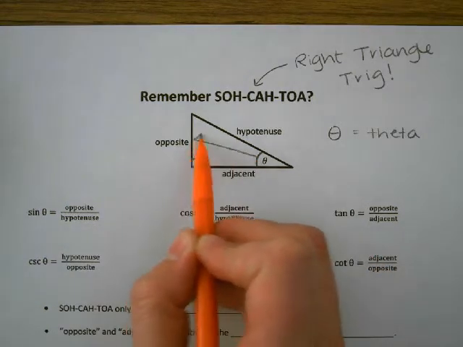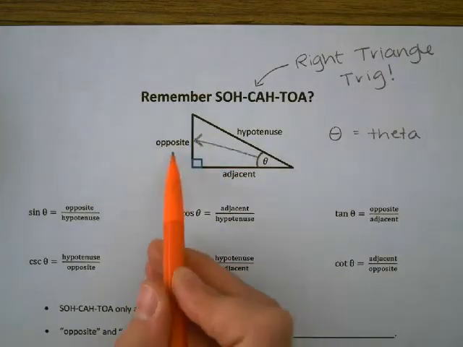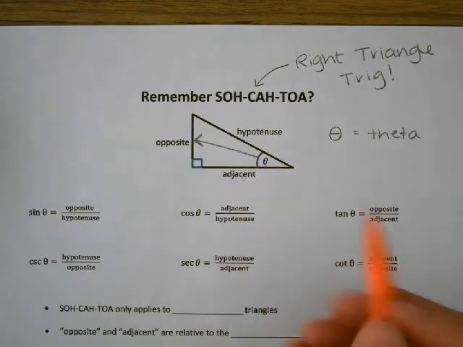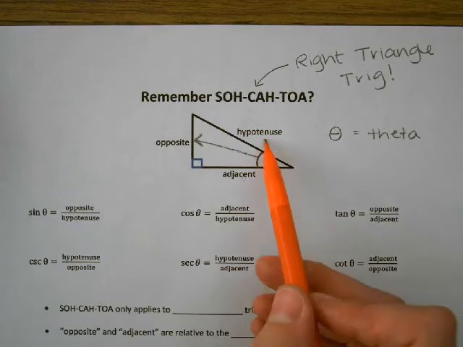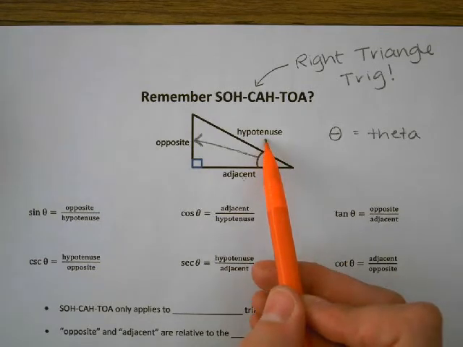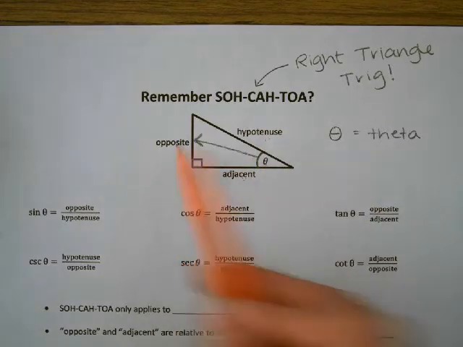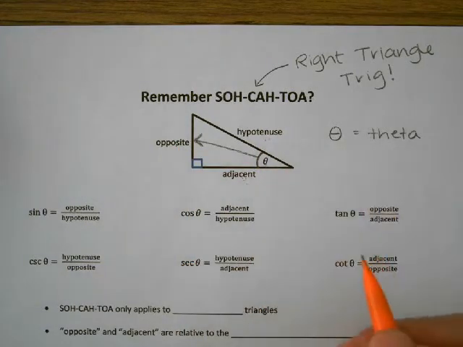So it's across from that angle. You'll notice it does not touch it. The adjacent side is right next to the angle, it touches it. That's what it means when you're adjacent to something, that you're right next to it. And the hypotenuse is always the very longest side.